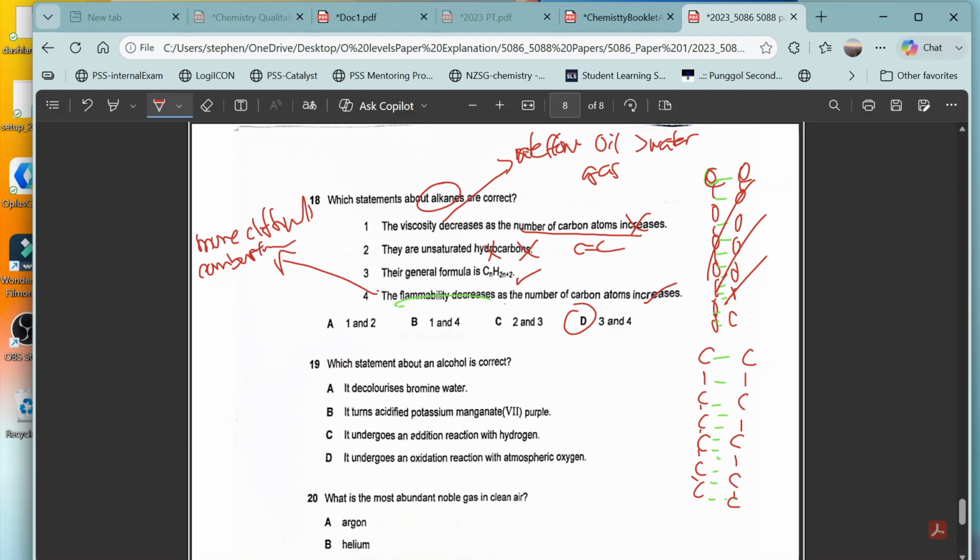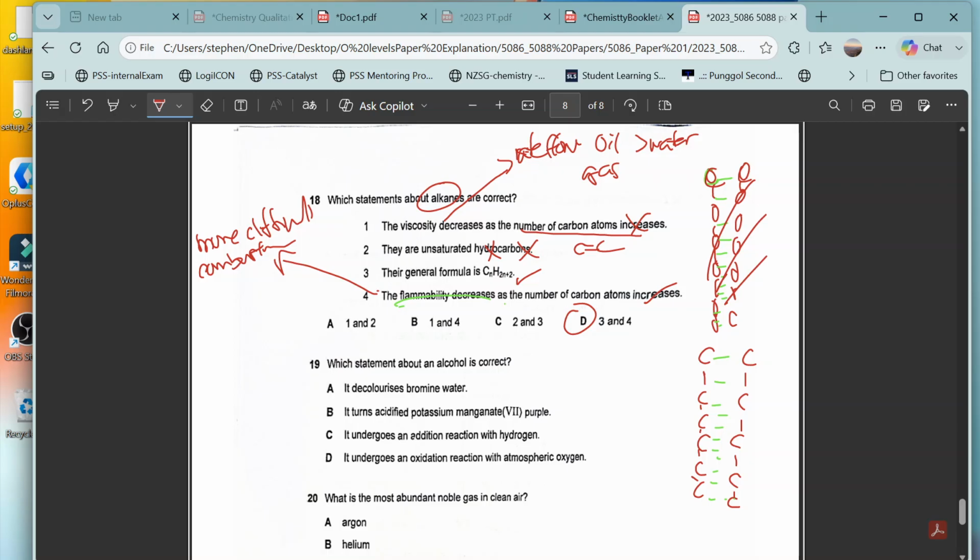It's easier for you to burn ethane or methane than to burn propane, the 5 carbon. Easier to burn. So when it's easier to burn, we say the flammability increases. If it's more difficult to burn, we say the flammability decreases.